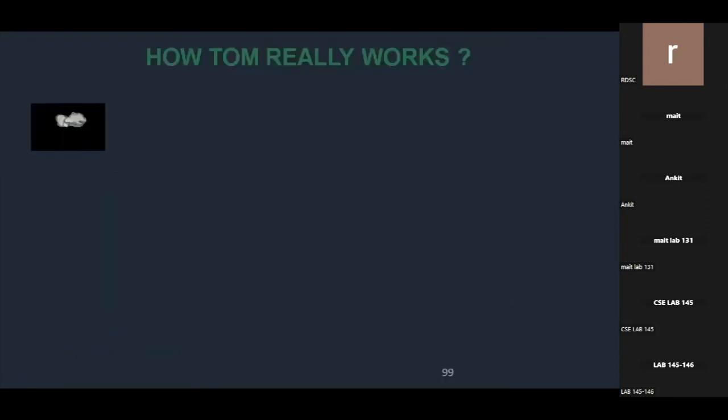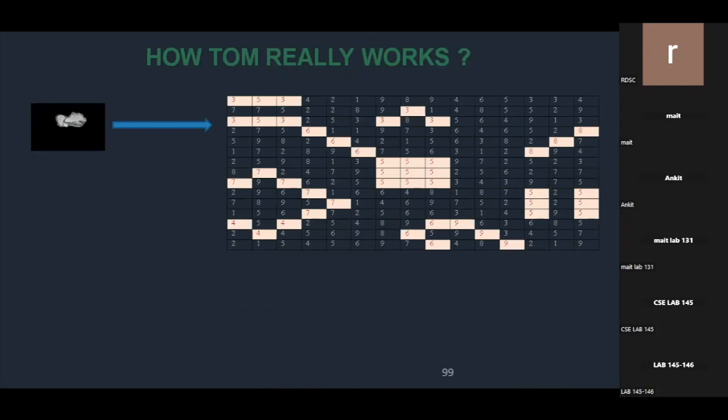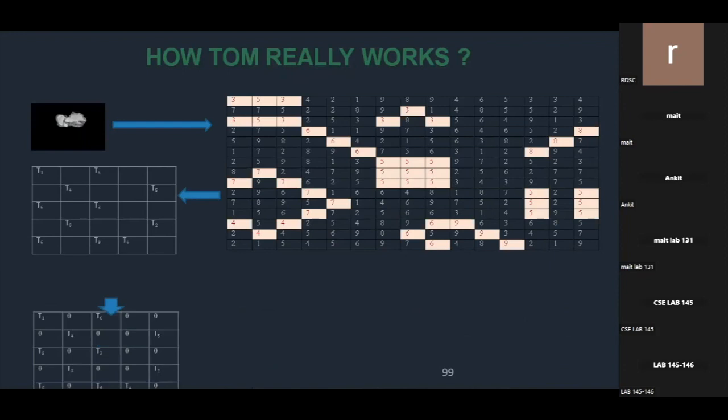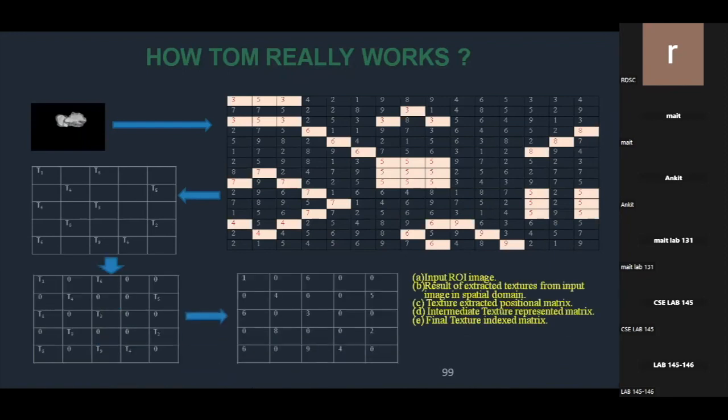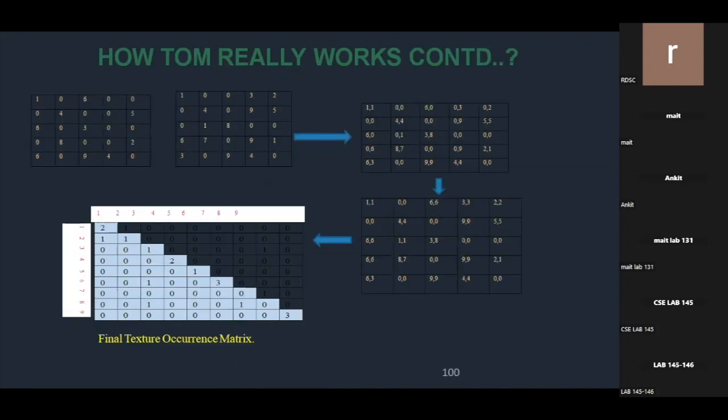So how does this really work? We have some segmented data which we extracted from our proposed algorithm. Over the whole size of the image, we apply all the filters and extract the filter values. We find the textures, and these textures are converted into a matrix. That is how we create one final texture index matrix. One is low pass, one is high pass.